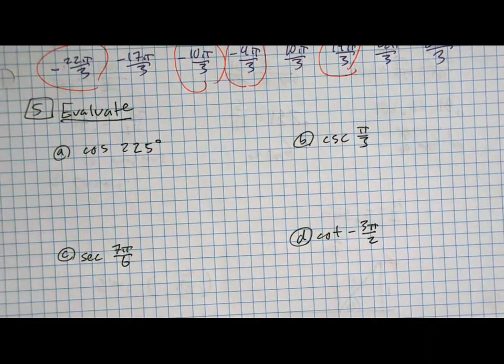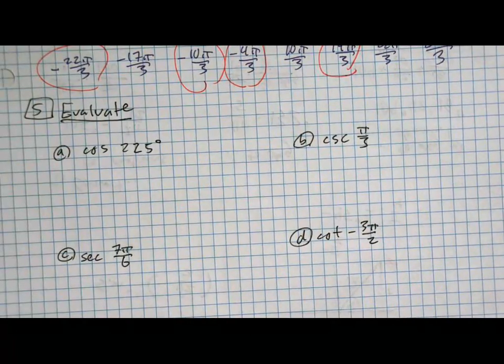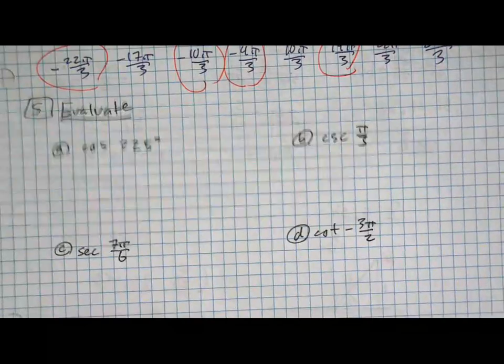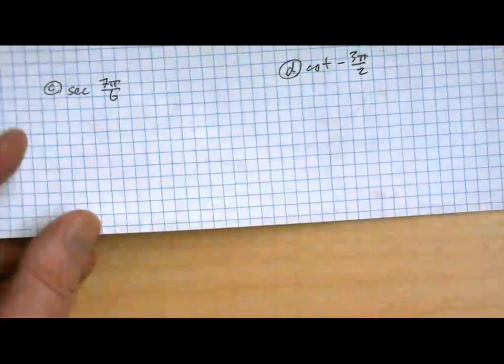Aren't you guys glad you memorized your degrees to radians and radians to degrees? Sure does make this a lot easier. So I'll work through these silently up here. You guys can peek up here if you need a hint.